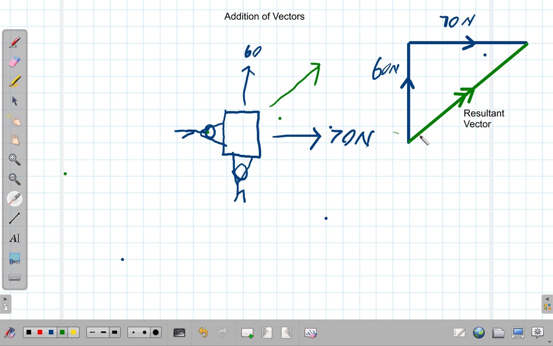What it says is that when you add two vectors, join them so that the end of one vector touches the beginning of the other. These will be two sides of a triangle. Then close it with a third side. That third side that closes the triangle is the answer, which we call the resultant. The direction of the resultant must oppose the other two vectors going around the triangle.